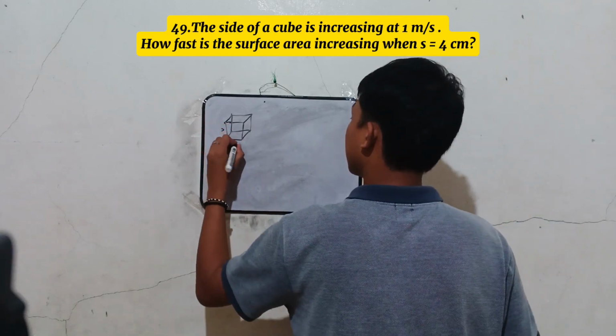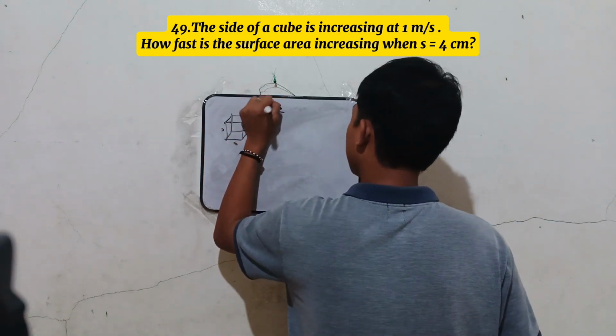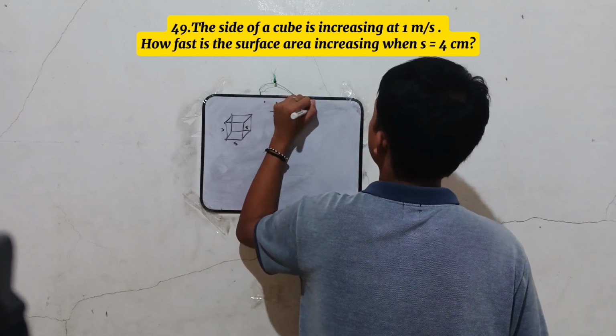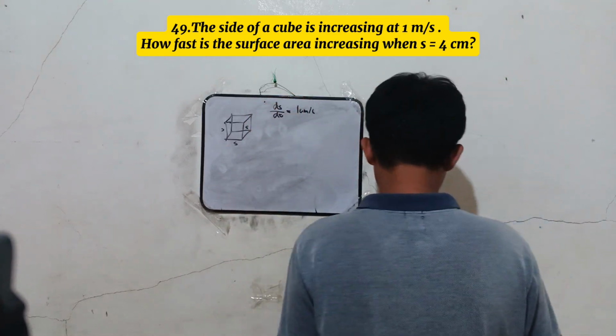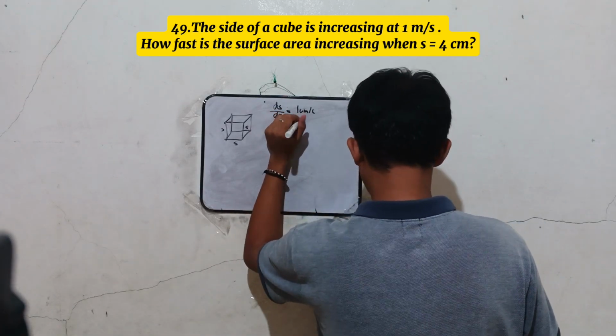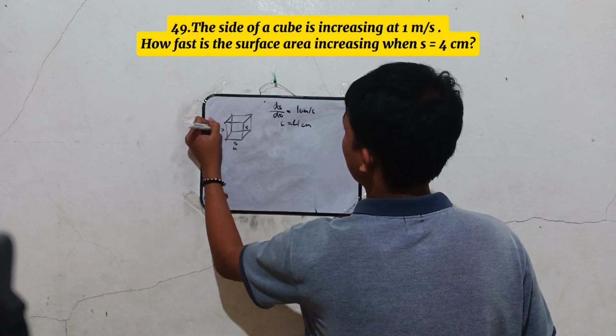So just denote this as s. So the ds over dt is equal to 1 cm per second, which was already given in the problem. So our side again is 4.